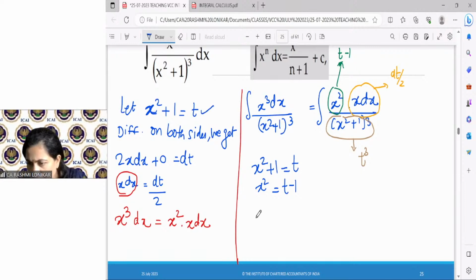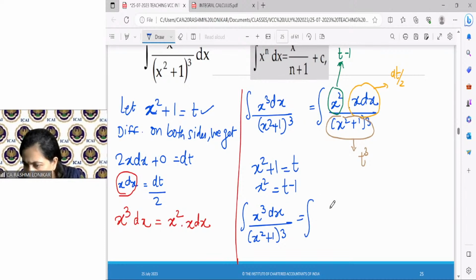So my integral x cube dx upon x square plus 1 whole cube now becomes t minus 1 upon t cube, and instead of x dx, I am writing dt by 2.